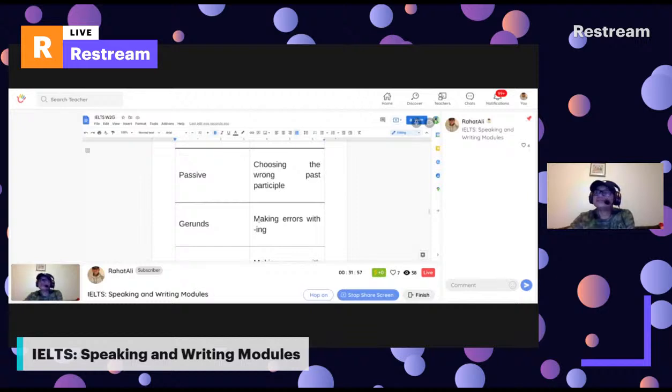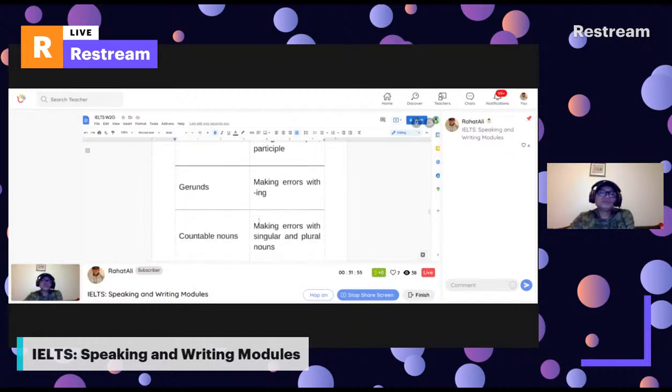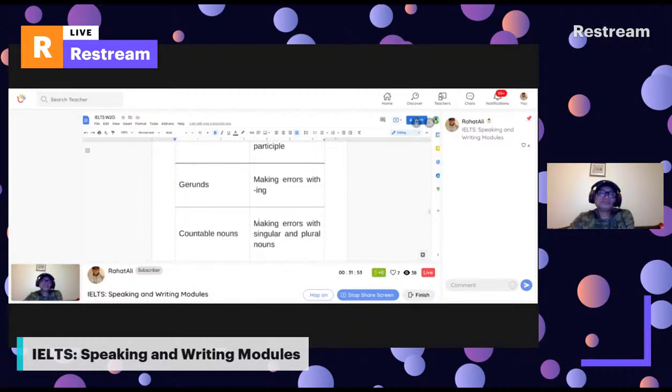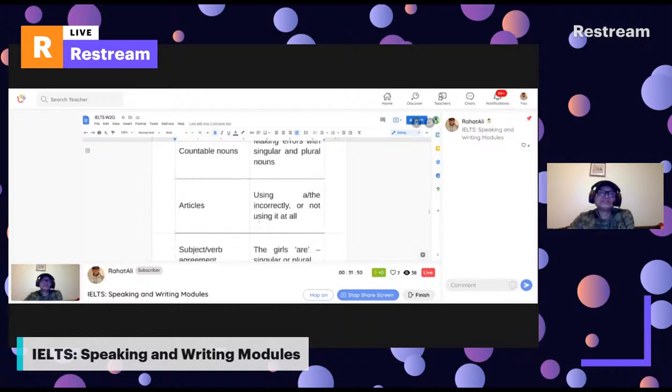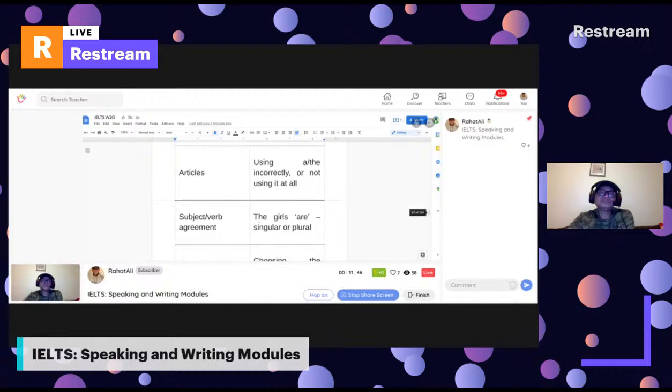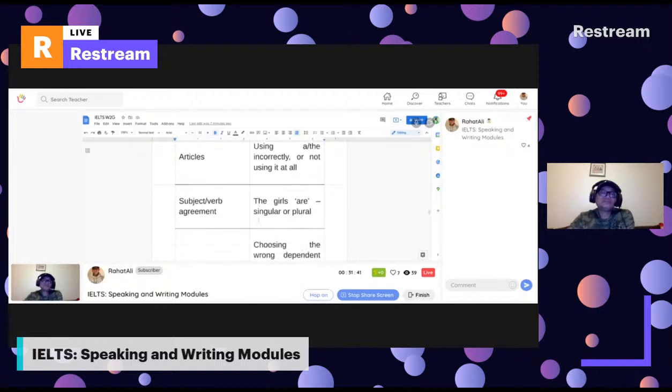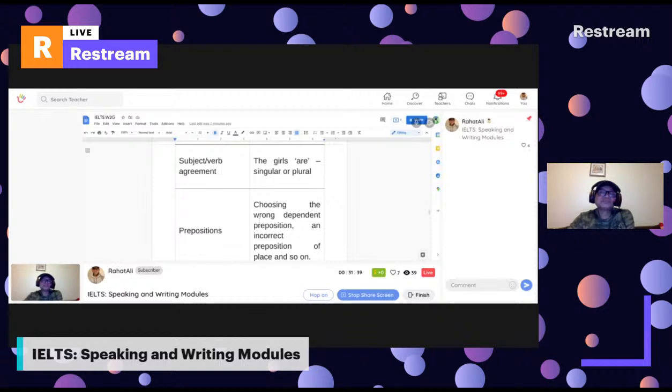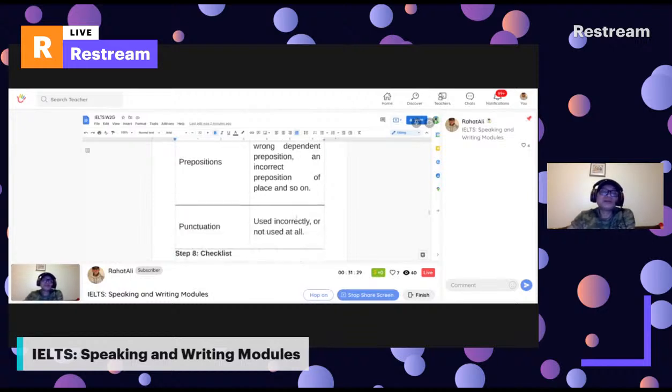Gerunds: making errors with -ing. Countable nouns: making errors with singular and plural nouns. Articles: using a, the incorrectly or not using them at all. Subject-verb agreement: the girls, singular or plural. Prepositions: choosing the wrong dependent preposition or an incorrect preposition of place, and so on. Punctuation: used incorrectly or not used at all.